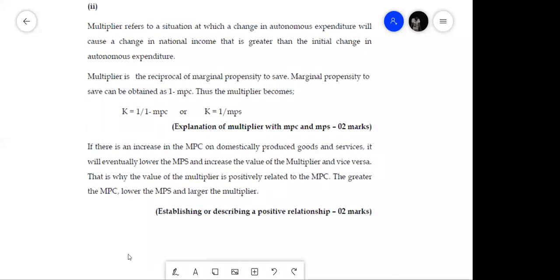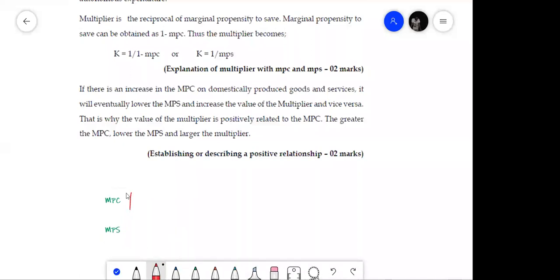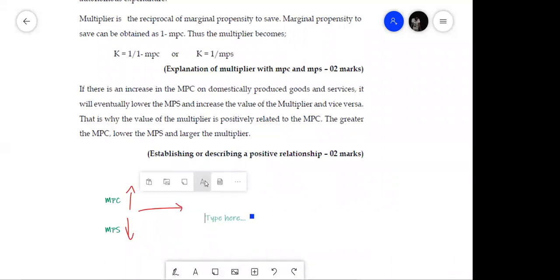So they're simply showing you, right? I think in my revision tute or some tute, I would have had a small box. I would have explained that. MPC, MPS, whoever came to my revision class, the fast track bit was there. Yes, it was there in the fast track tute. So when MPC increases, MPS falls. As a result, what happens to your multiplier? Your multiplier, your K, increases.